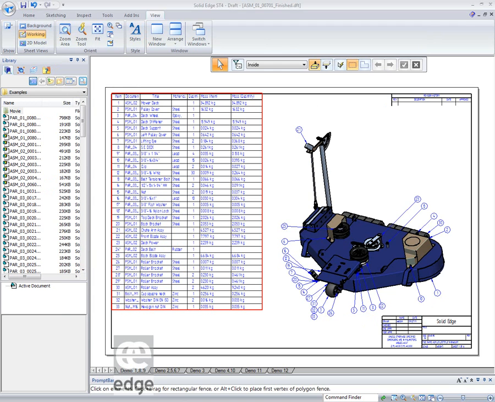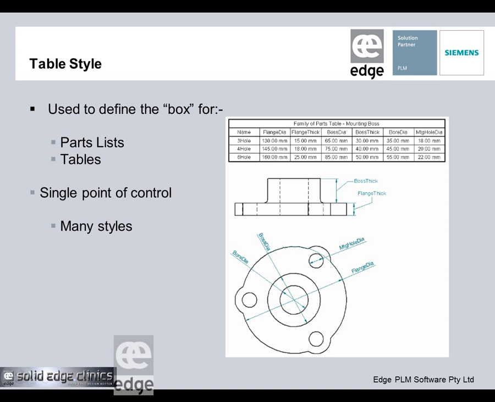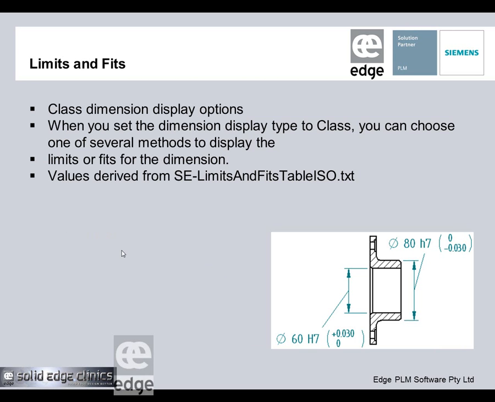what's next? I'm getting to the end, so if your sandwich is running out, don't panic. This is something that's been around for a little while as well, and has been misunderstood, but it's class fits. These have been used in industry for a long time, so you've got shaft and hole type fits.